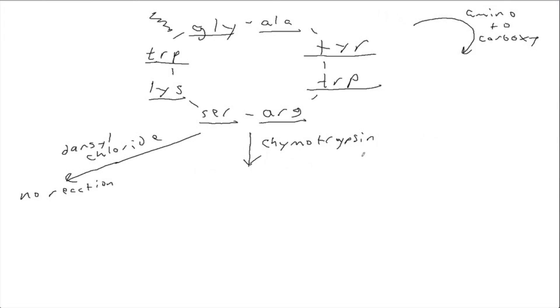Why would you say that? Because chymotrypsin cuts in front of... wait, no, that's tryptophan. Chymotrypsin would cut in front of and behind tryptophan. Why do you say that? Because I wouldn't know which way is in front of tryptophan, because it's a circle.